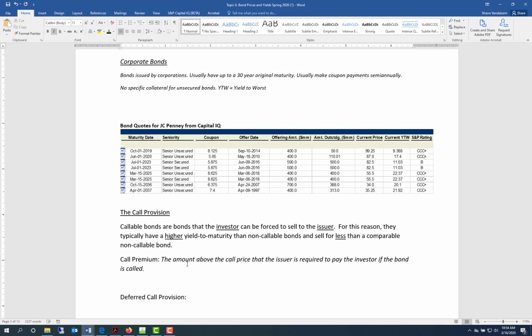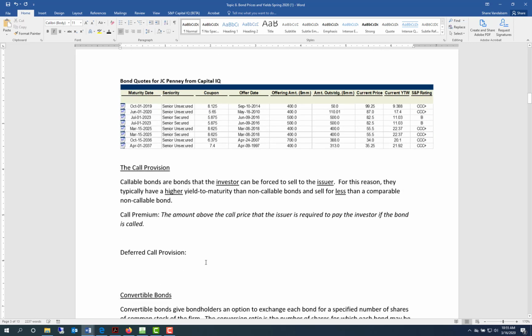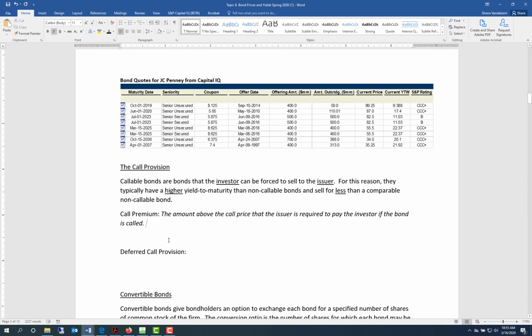So let's say that that issuer wants to call that bond. They'll usually have to pay an amount above the regular par value that the investor would get in order to make that happen. And that's going to be set forth in the bond indenture.